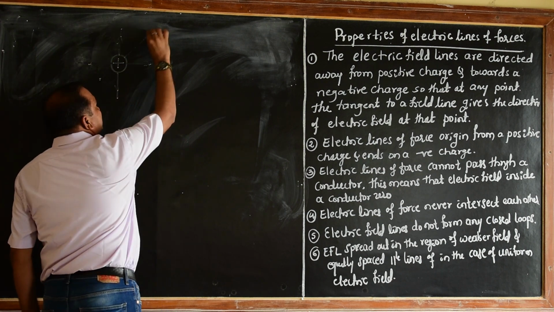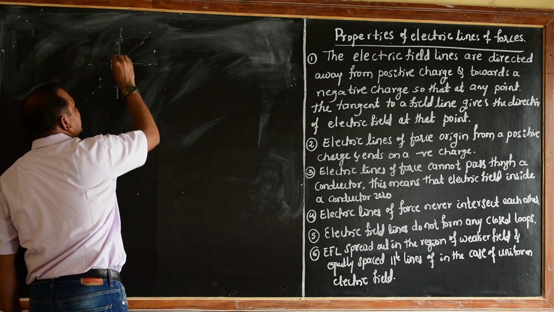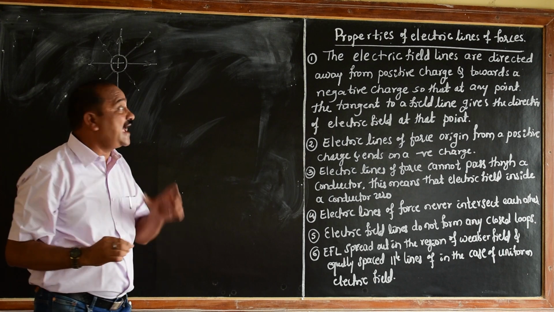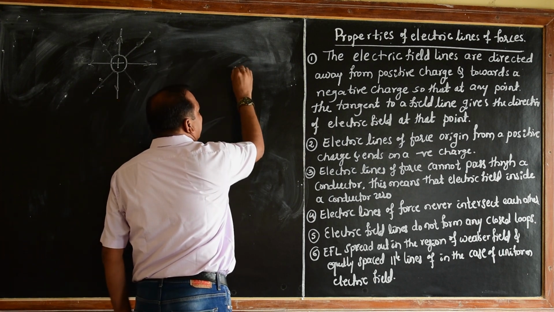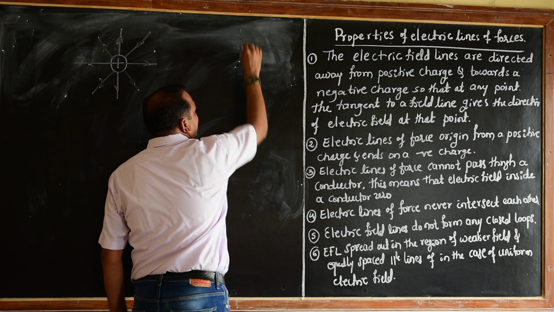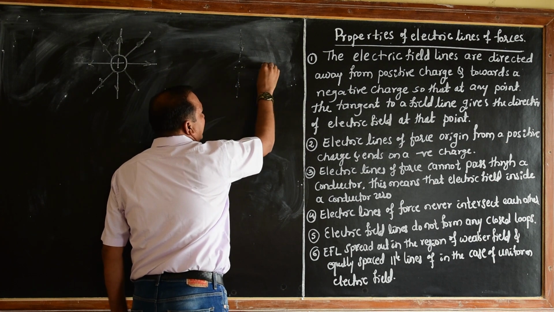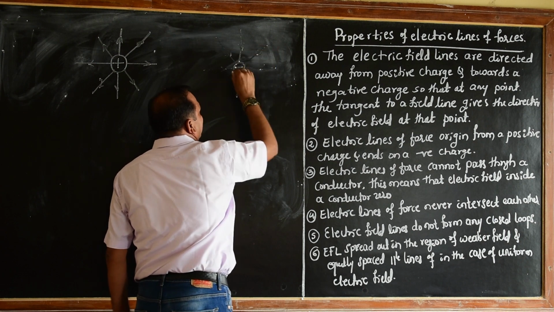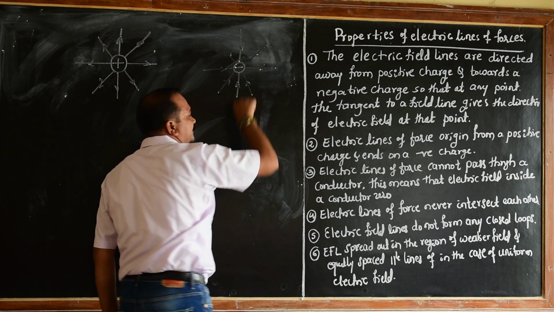All these electric lines of force originate from this positive charge and terminate at the negative. If it is a negative charge, electric lines of force must terminate at this negative charge. It is one of the important concepts here.